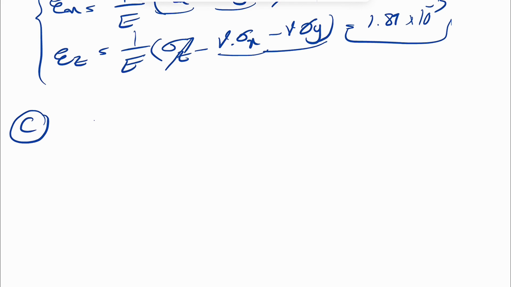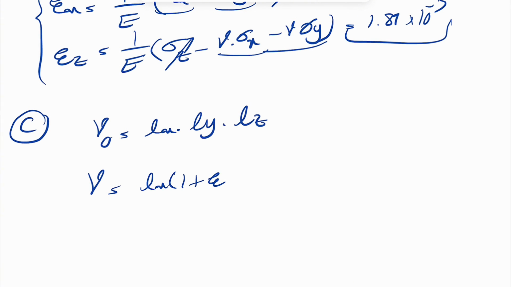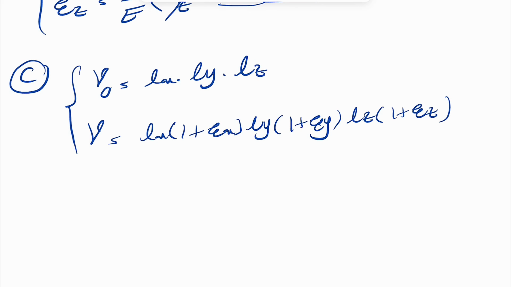And for the volume, basically we have the same idea. V0 is Lx, Ly, Lz. And for the V, same idea. We're going to have Lx times 1 plus epsilon x, and we can just do the difference of these two.